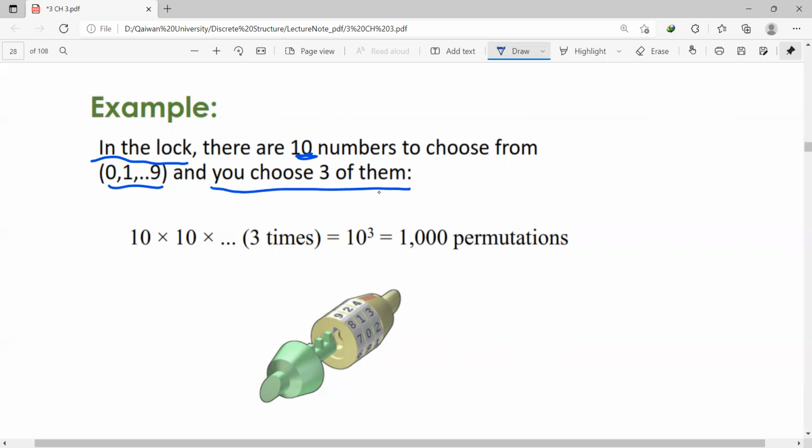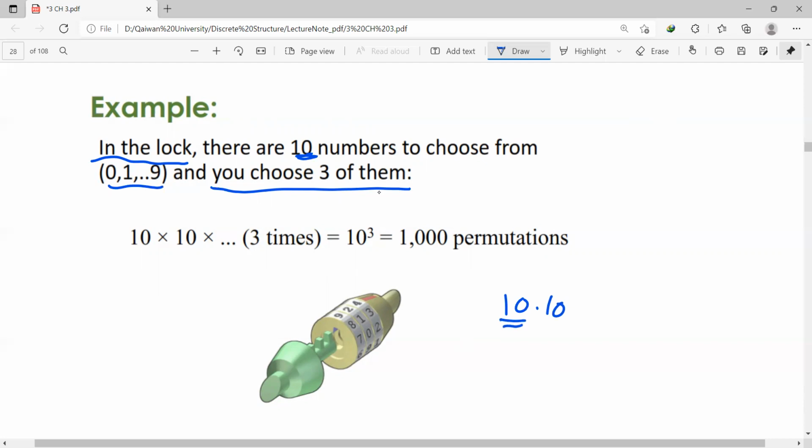If you want to choose 3 from 10 and repetition is allowed, we choose the first one out of 10, and then the second one again out of 10, because in the lock it's possible for all 3 numbers to be the same, for example 333 or 444, and it's even possible for 2 of them to be the same and the other one different. That means repetition is allowed.